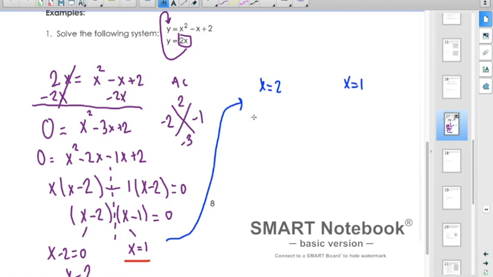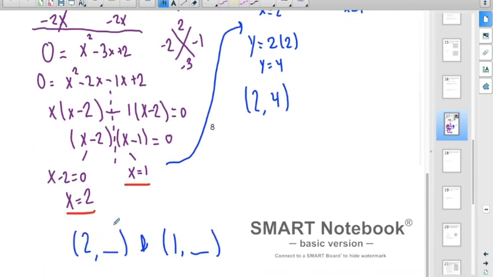So it's going to be y equals 2 times x, which in this case is 2. So I get y equals 4 for this case. So my coordinate point is 2 comma 4, right? And that would match down here. So this value really is 4.